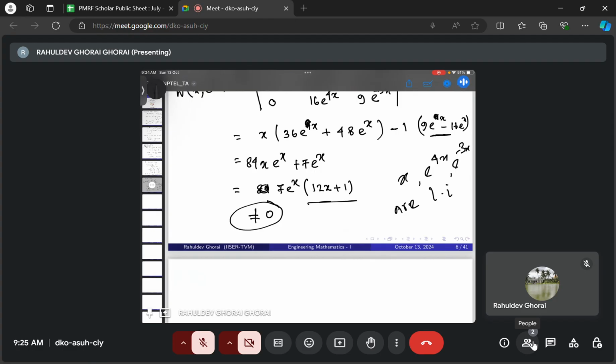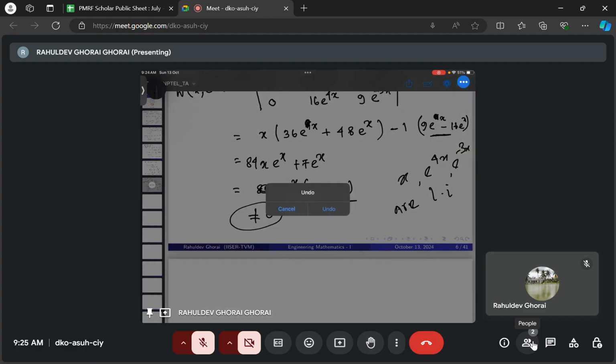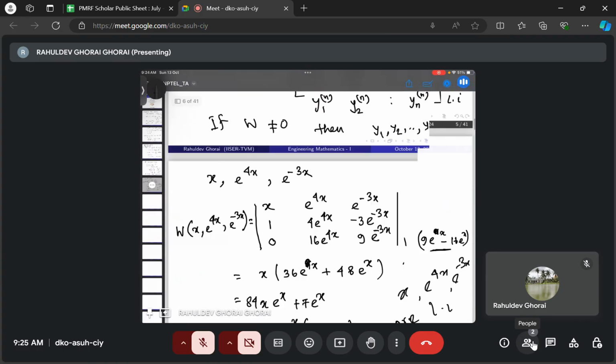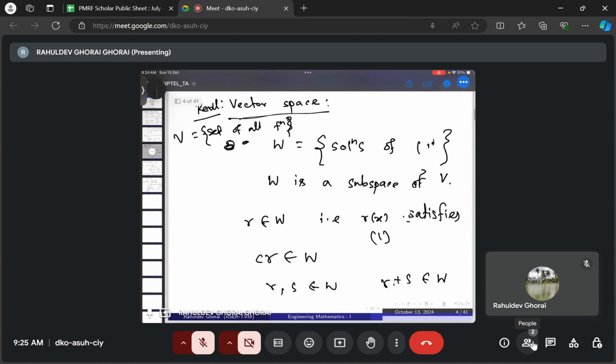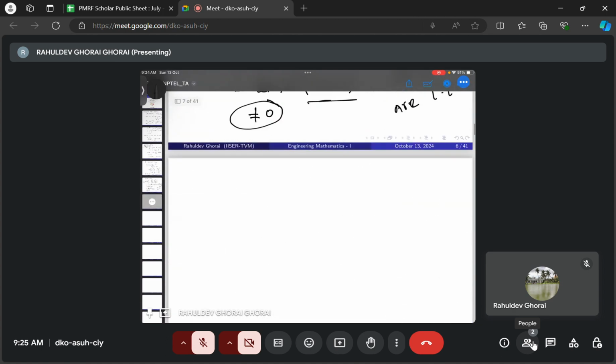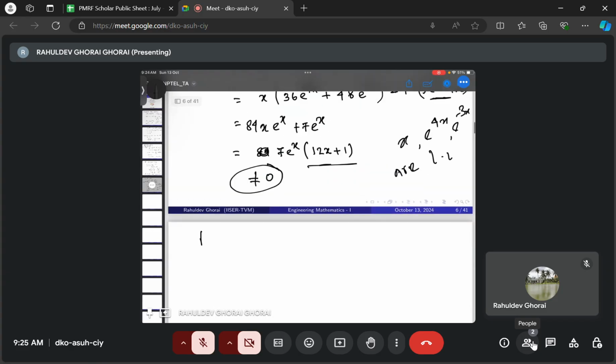One more thing is, you can show that the dimension of this vector space we formed, W, will be n.